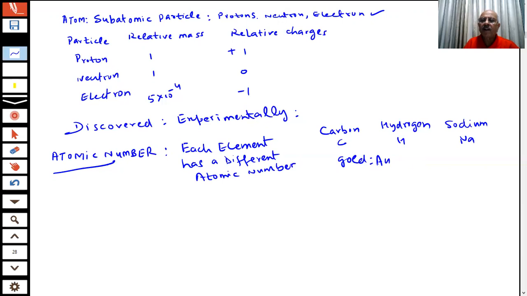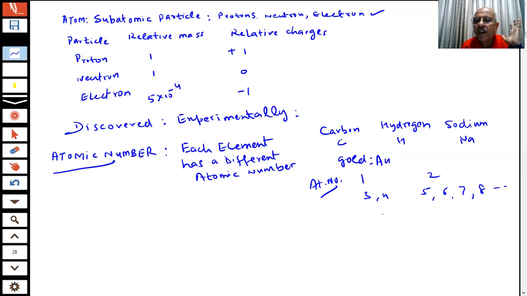That means instead of this symbol or name of the elements, if I write in the periodic table atomic numbers 1, 2, 3, 4, 5, 6, 7, 8, like this, then one atomic number will represent an element which is different from 4, yes or no?